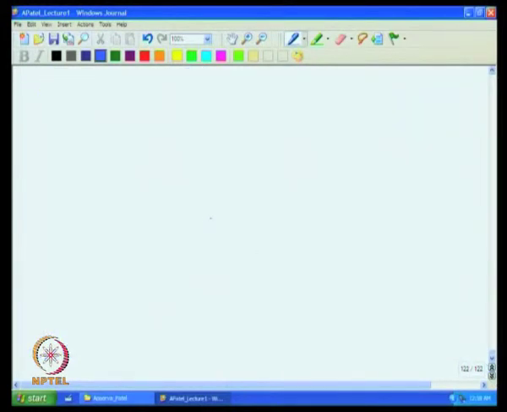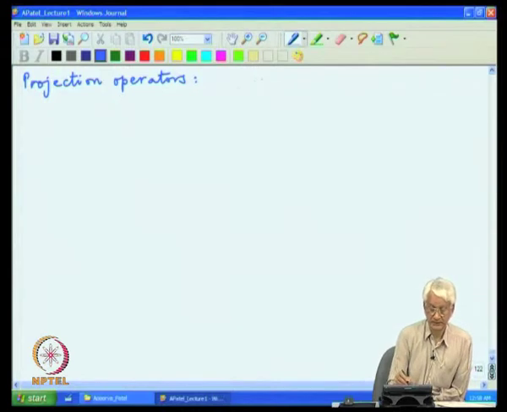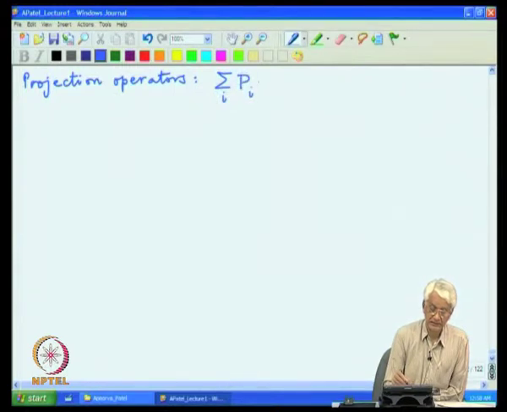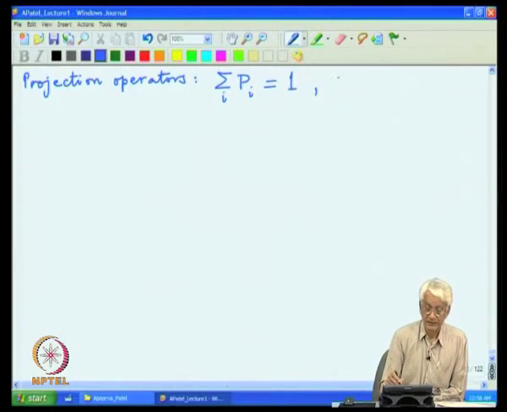Remember the properties of projection operators. Let me denote them by index i on some basis P i, and a complete set means that all the projection operators should add up to 1, and the orthogonality statement says that if I have two different projections, it should give me 0, but if I project along the same direction, once again I should get back whatever was there at the time of the first projection.